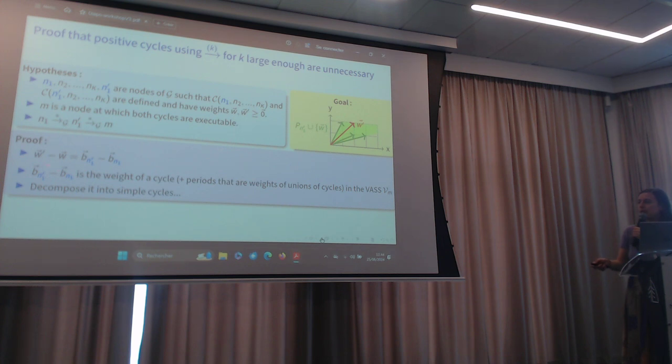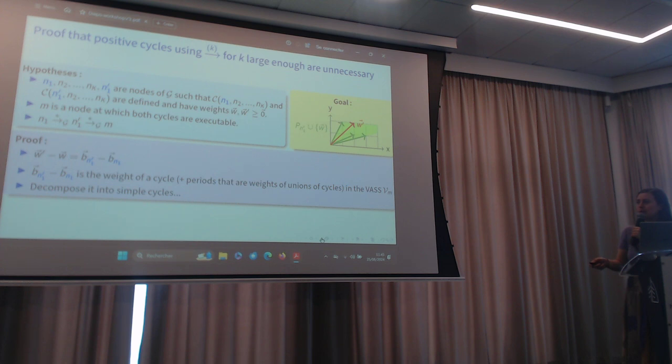This is important, so we can view this difference as the weight of a cycle in the VASS. We decompose it into simple cycles, and once again we do the same reasoning. The positive cycles will be added to the set of periods P of N1 prime, and there will be this kind of reasoning with the cycles of negative effects. With this, we will show that this difference is in the cone.